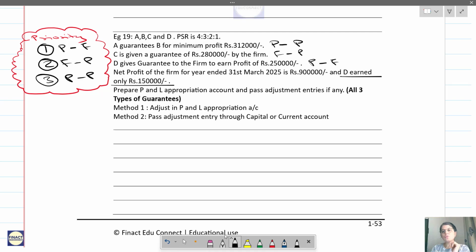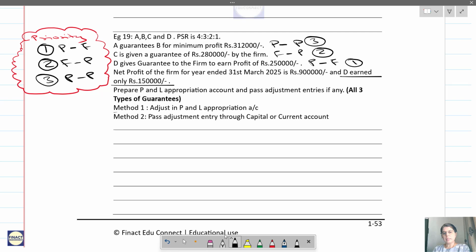Partner to firm. So now what is the sequence over here? Partner to firm is first, then firm to partner is second, and partner to partner is third. Now prepare the P&L appropriation account and pass the adjustment entries for all three types of guarantee.